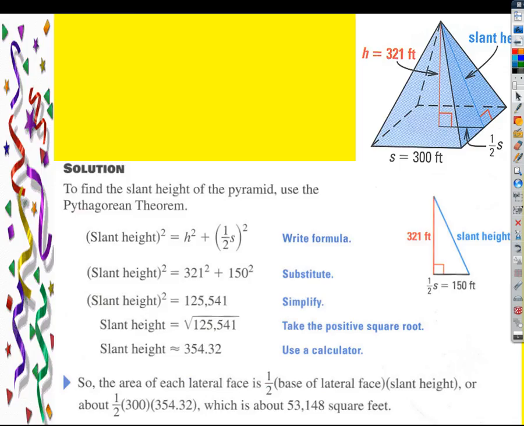The bottom leg of that right triangle is just going to be half the length of one of the edges of the square base, because the base sitting on the coffee table is square. The center of that square is a distance of half the length of one of the sides from any edge.